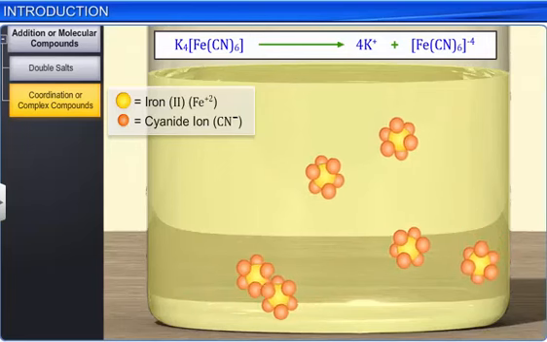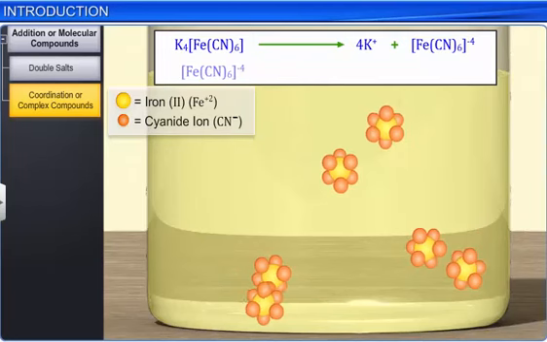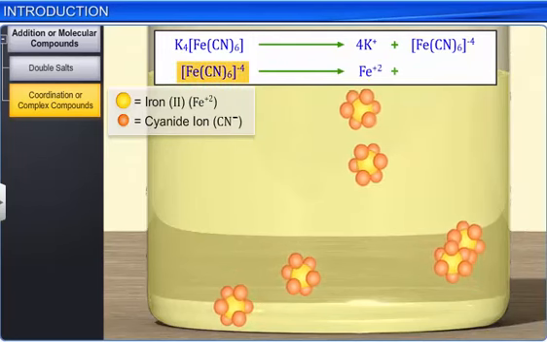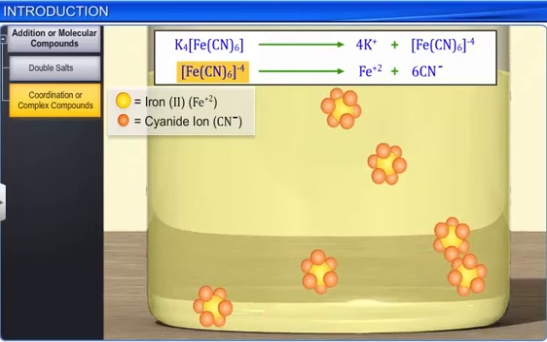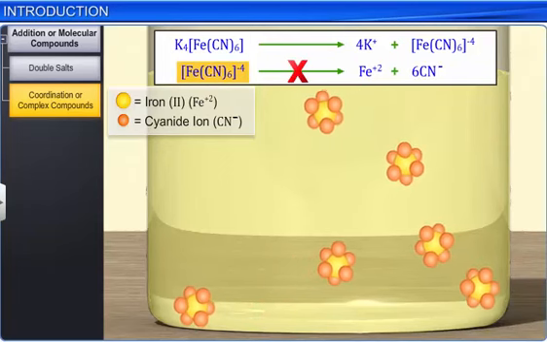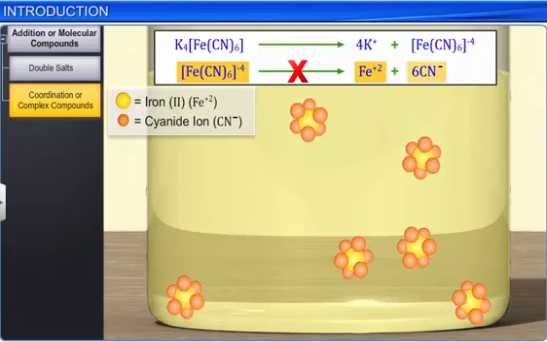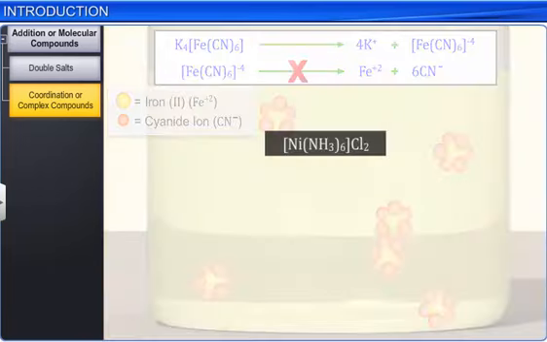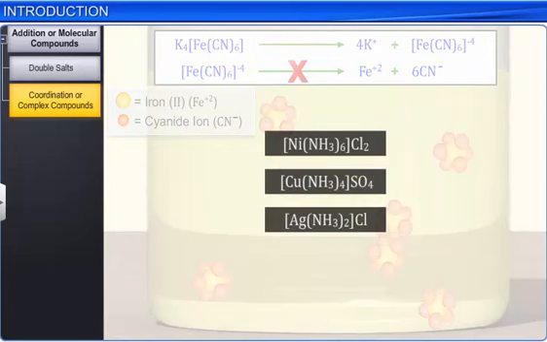Other familiar examples for nickel, copper, and silver are shown here. Actually, these ions are present in the form of a new ion called a complex ion. Compounds that have complex ions are called complex compounds.